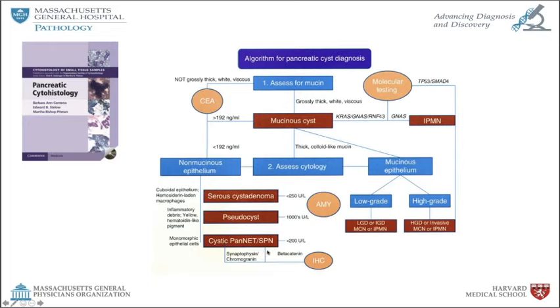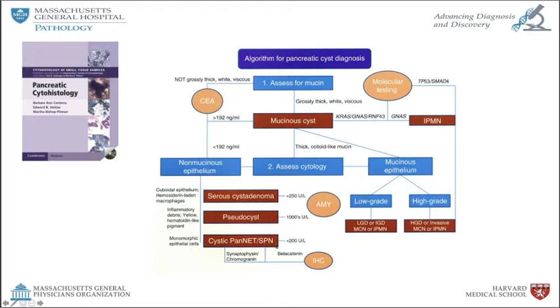And then if you see these cells in your specimen, let's say you might do a rapid on something like this because you're not getting really thin fluid, you could ask them to really go back to the thick wall and get more material for a cell block so that you can do your immunohistochemical stains to support that diagnosis.